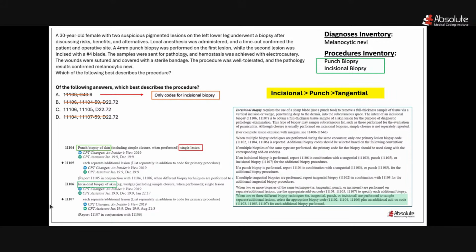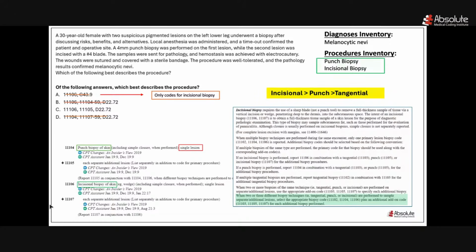Guidelines state that if two or three different biopsy techniques were performed, you have to first code for the appropriate biopsy code, that would be 11102, 11104, or 11106, plus an additional add-on code must be used.